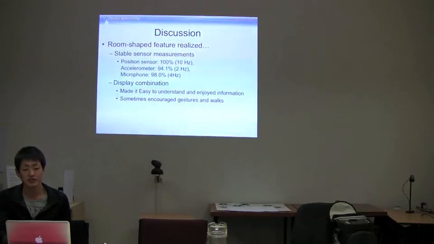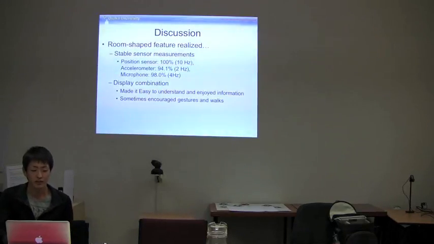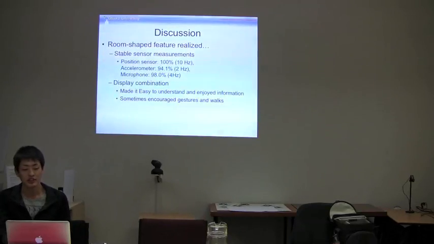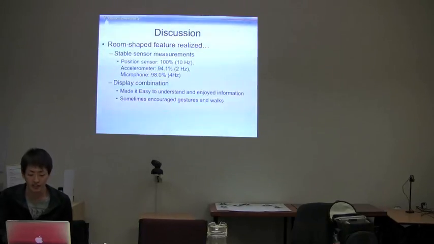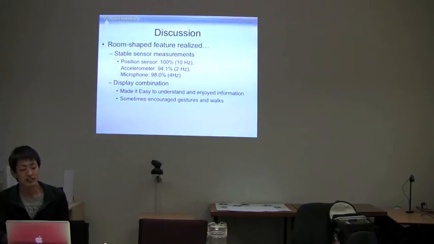Our system achieved high accuracy of measurement at all sensors because the room-shaped feature made the system robust. The room-shaped feature also realized the display combination. Actually, participants easily understood and enjoyed the collaboration among the wall and floor displays.